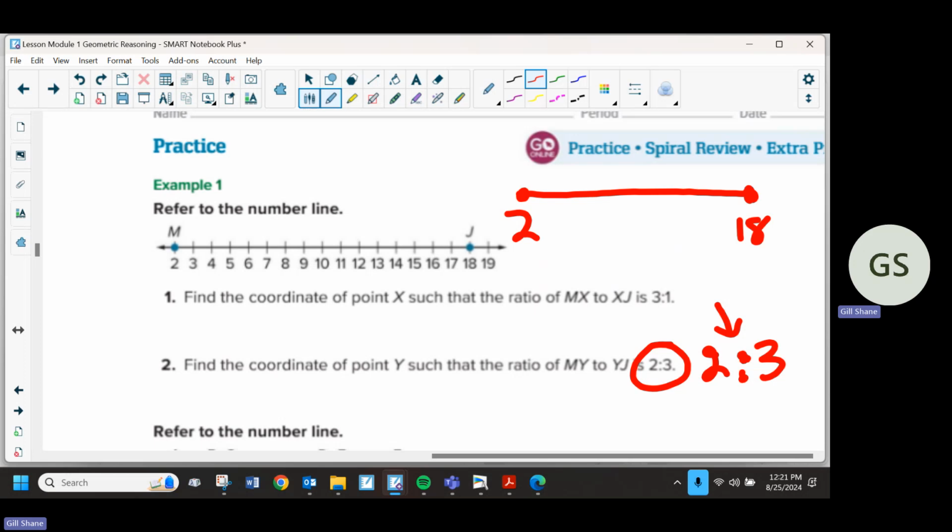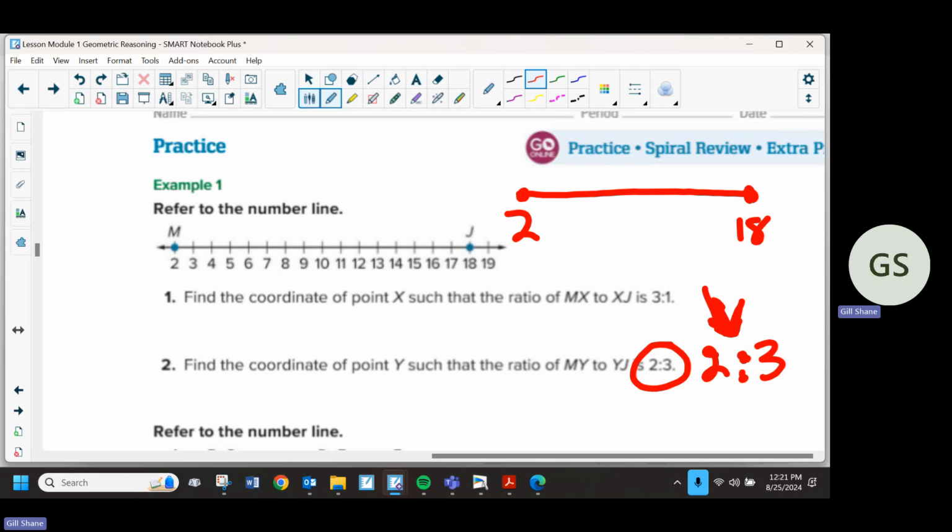If it gives you weights in the problem, then you're just going to use those as the weights. All right, so that's just something you got to memorize. You just got to know if they give you weights, do it the same way we did weights. If they don't give you weights and they give you this kind of ratio thing here, then you have to flip them. Ratios are the opposite of weights.